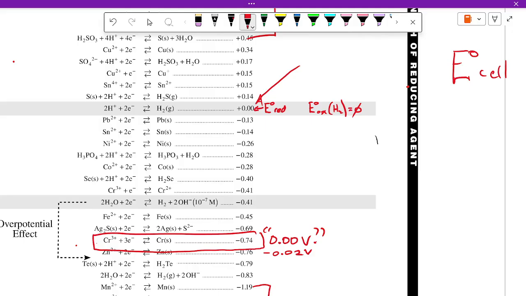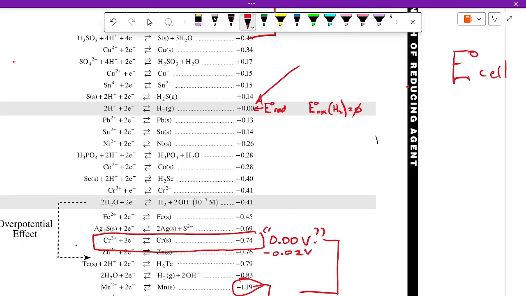Yeah, if you set the reduction potential of, say, chromium to 0, then what would the potential of, let's say, manganese be? Let's say manganese here, and you'd be like, okay, what is the difference between 0.74 and 1.19, right? 0.74, 1.19.